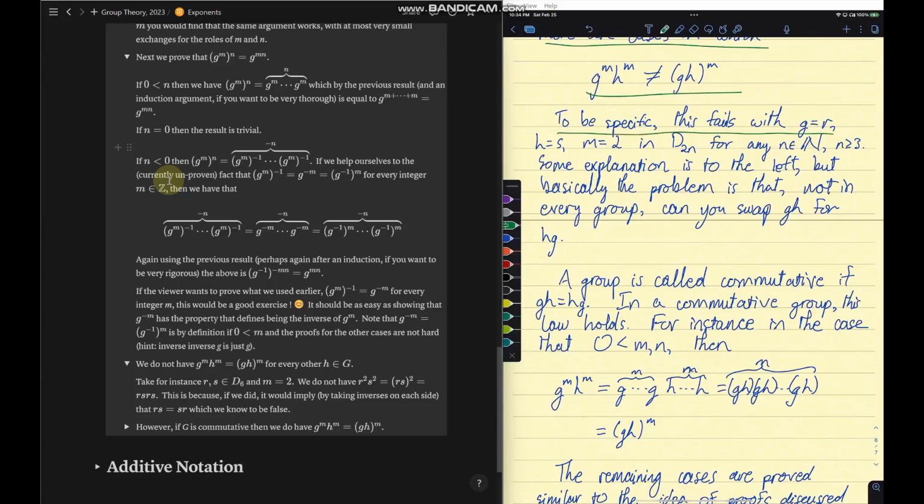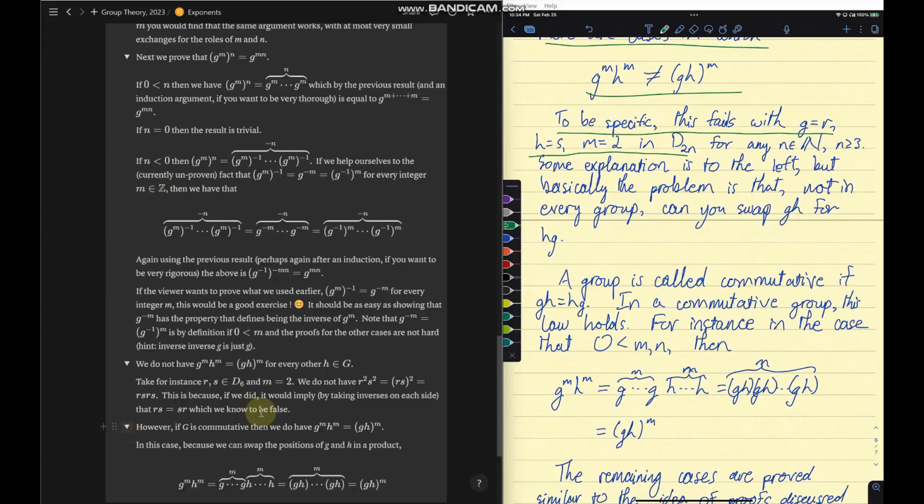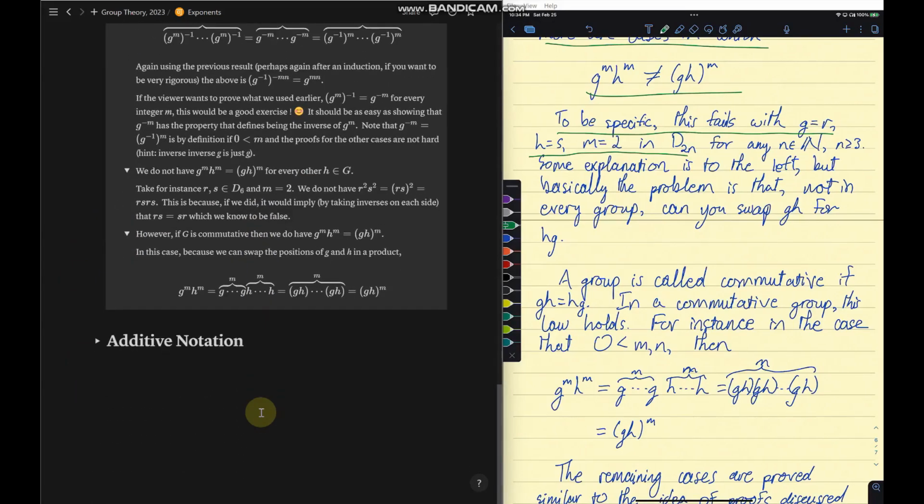To give a specific example, this fails when g is equal to the rotation, h is the reflection, and m is equal to 2 in D sub 2n, the dihedral group on n vertices. You can see over here a little discussion of that. But basically the problem is that not in every group can you swap gh for hg.